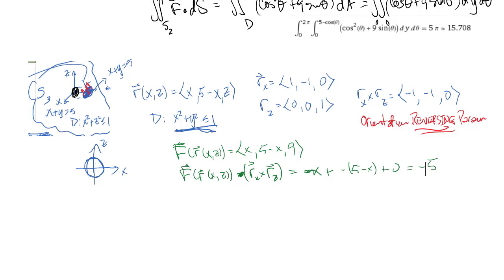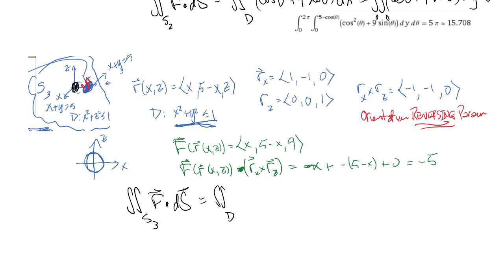All right, let us set up our integral. So our flux over the surface, this is the third surface now, of F dotted with dS is going to equal a double integral over the domain. Again, our domain is going to be this circle, this disk. We'll deal with that in a minute. We have the dot product is going to be negative 5, and dA.